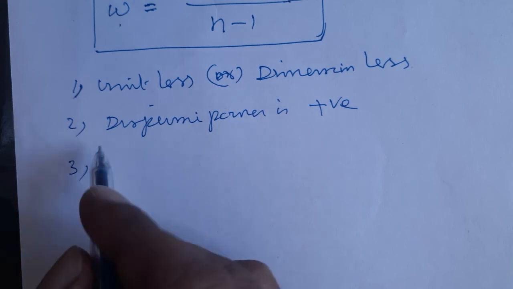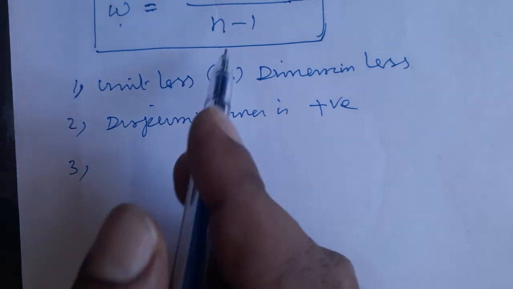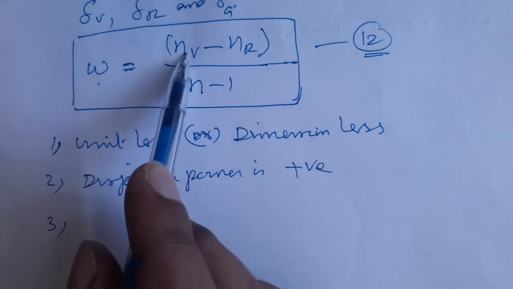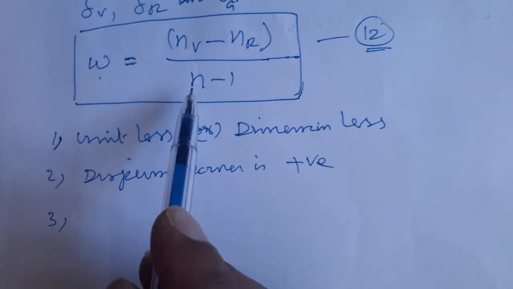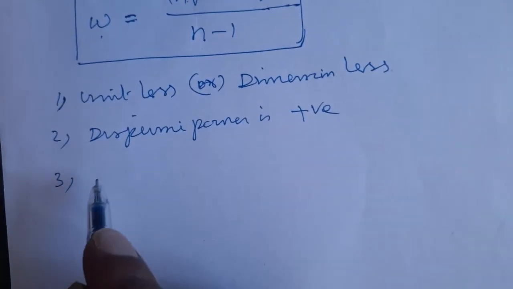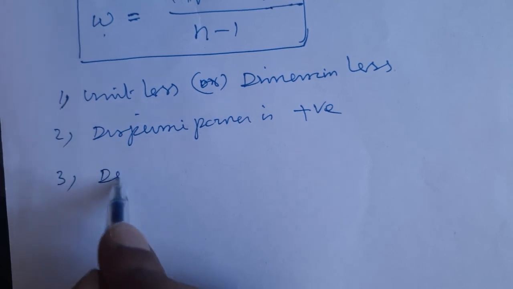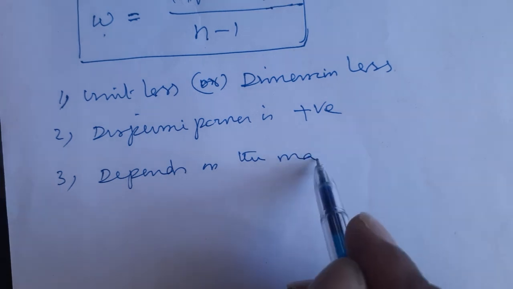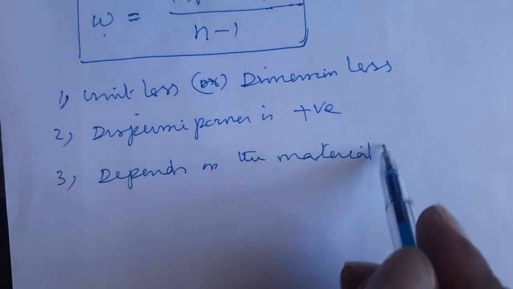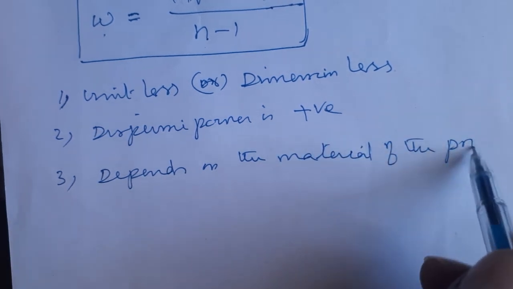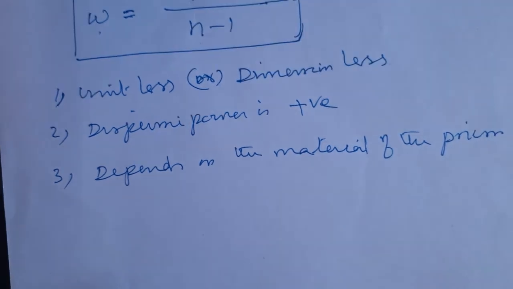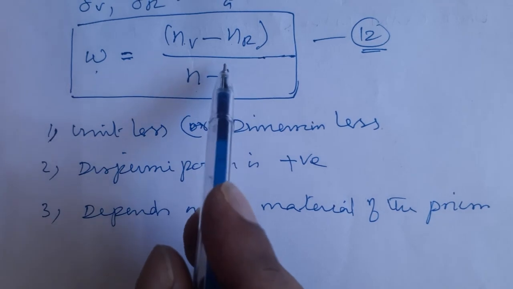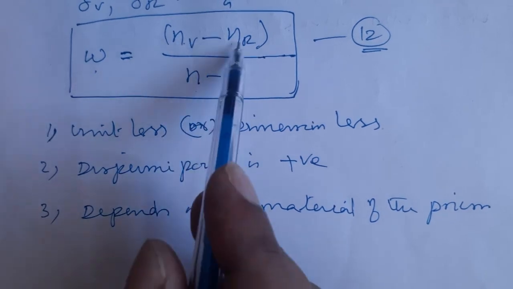And again, it depends upon the refractive index, so on the material with which the prism is made, because refractive index is related to the material of the prism. In the right hand side of the equation we have only refractive index.